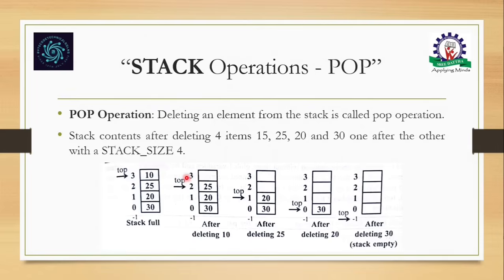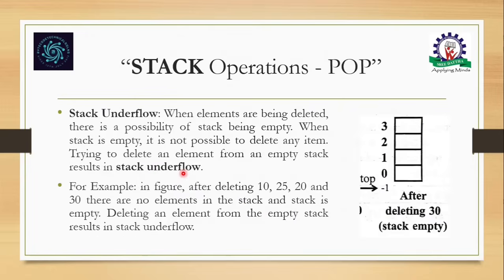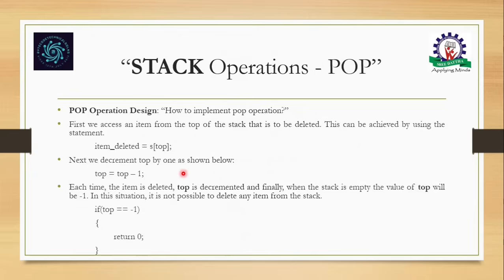It means 1 unit is going to get reduced. Each time I delete the topmost element from the stack body, the top pointer is to be reduced by 1. Hence I am applying the decrementation. This is done by using the statement top is equal to top minus 1.